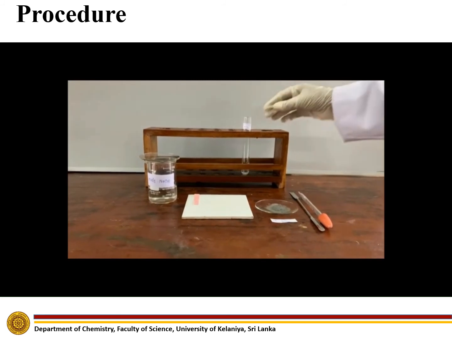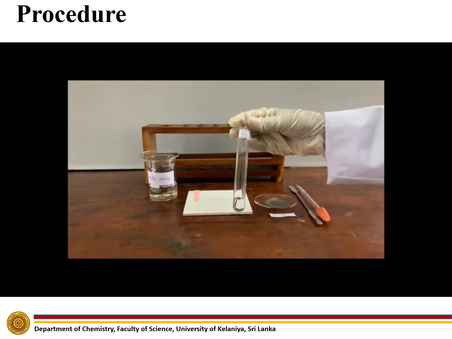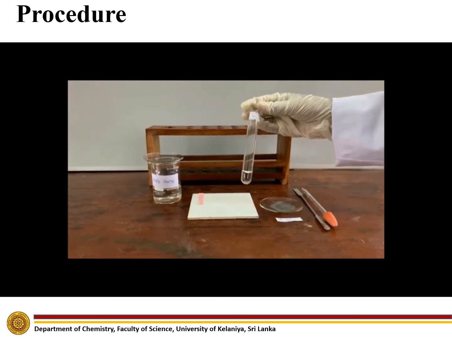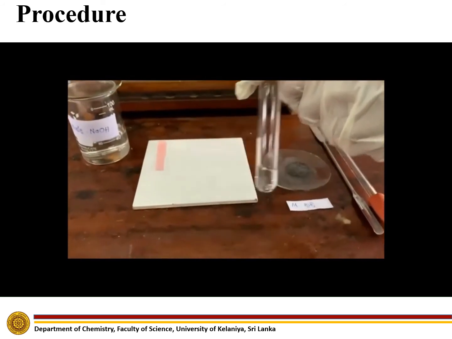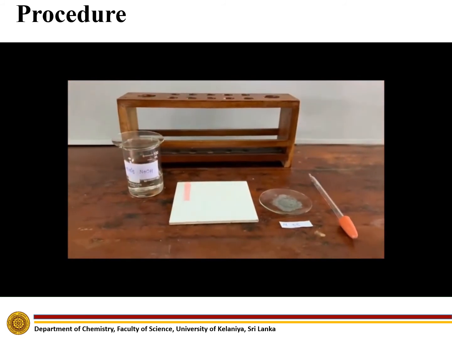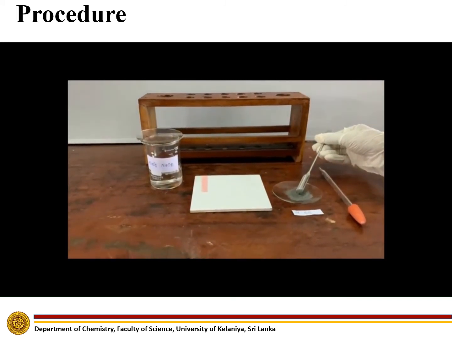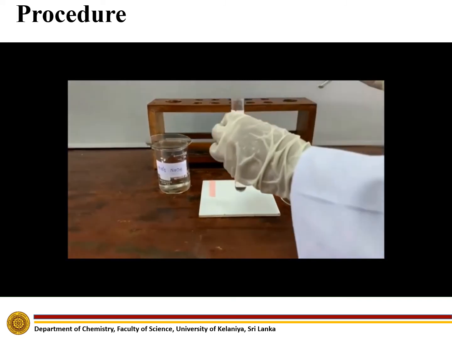Procedure. You have been given a nitrate or a nitrite ion solution. Add a small amount of aluminium powder to the given solution.